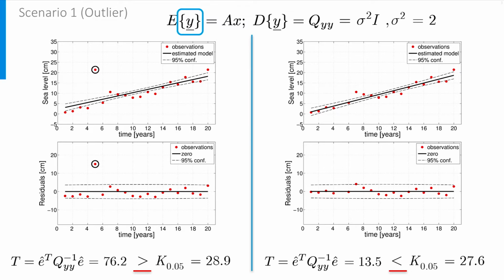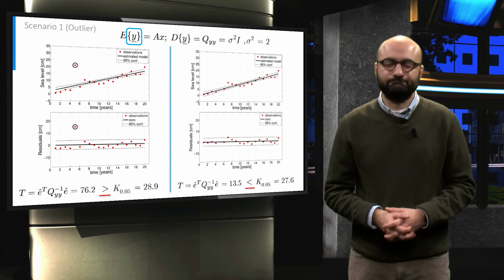Now the test statistic is smaller than the threshold and the test is accepted. So by removing the detected outlier, we in fact adapt the mathematical model, and now we can conclude that for this first case, the mathematical model can overall sufficiently describe the observations.